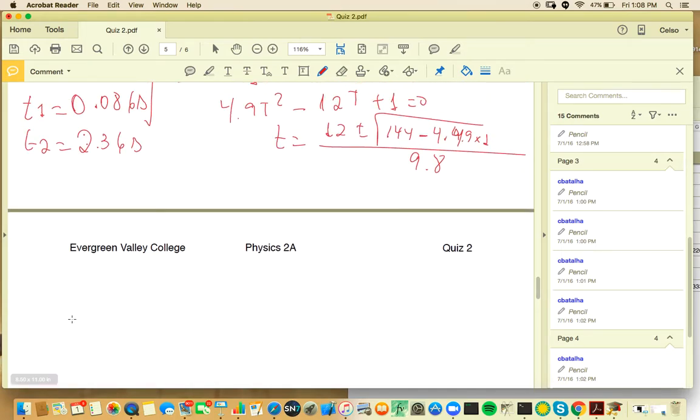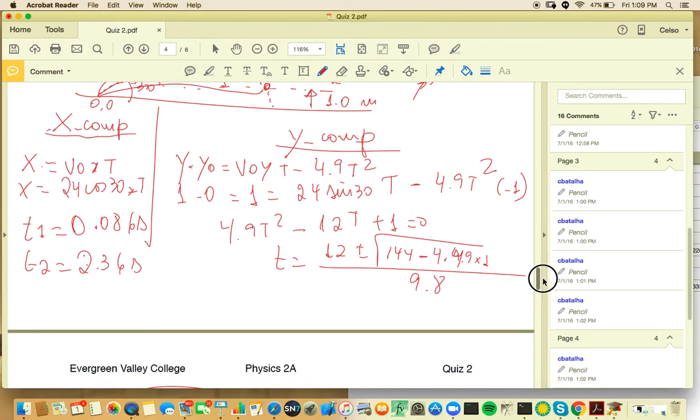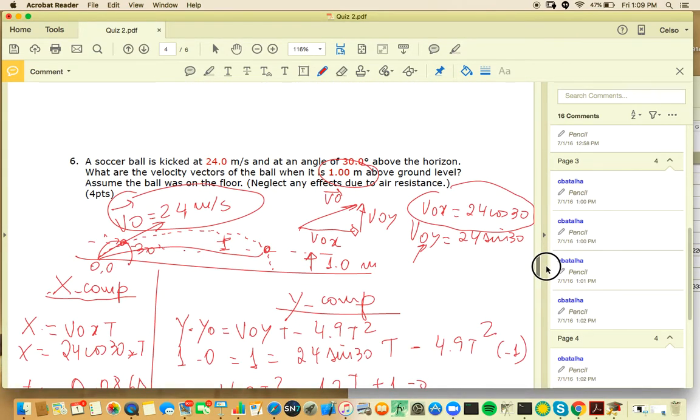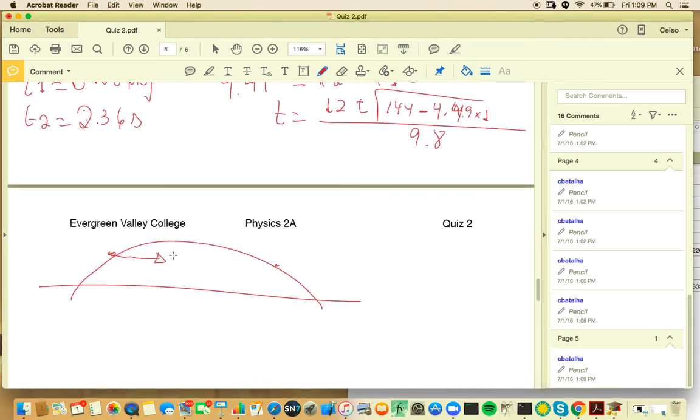And so what do we do now? If you look at the parabola, the two different positions, let's say one is here, the other one is there, your Vx is the same, right? Vx doesn't change. It is 24 cosine of 30. So you have the same 24 cosine 30 here as you do here.